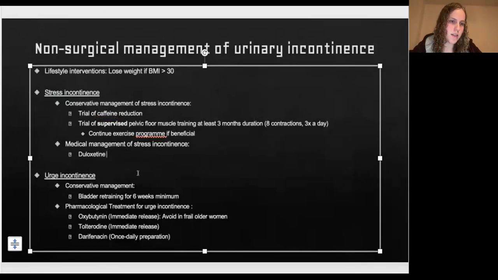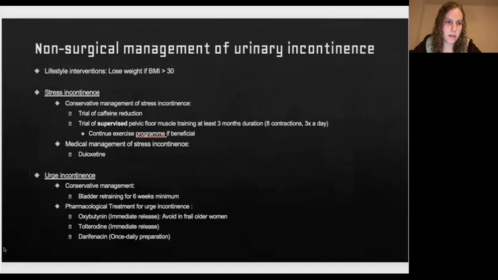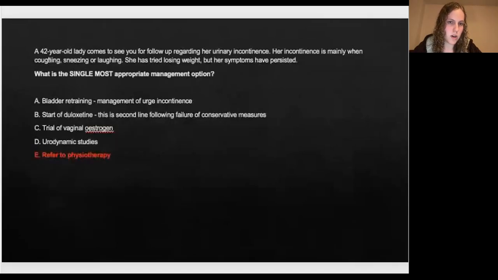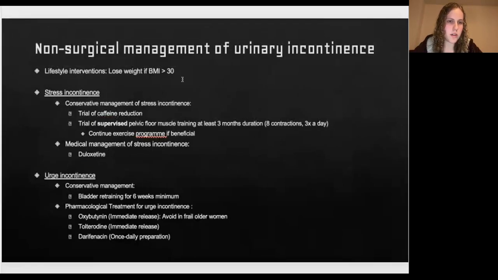so stress incontinence, as we had in the lady above, because she had it when she was coughing, sneezing, or laughing. First, it helps if you lose weight for both of them, because it releases the pressure on the bladder a bit.